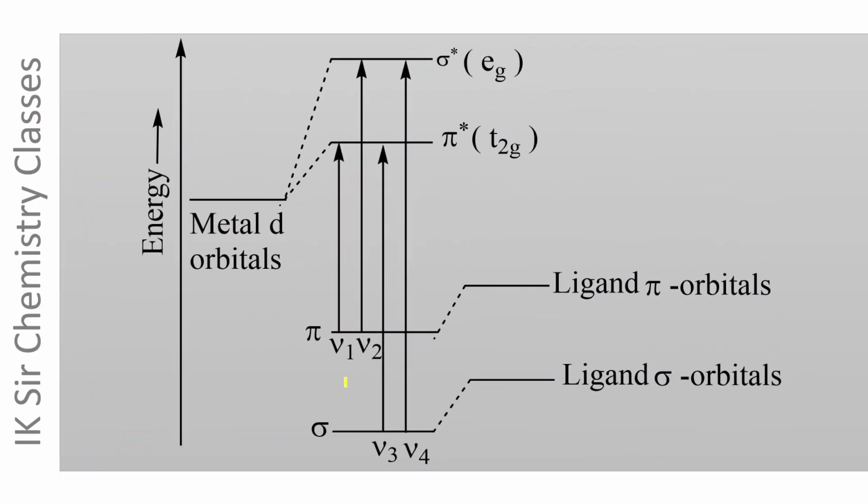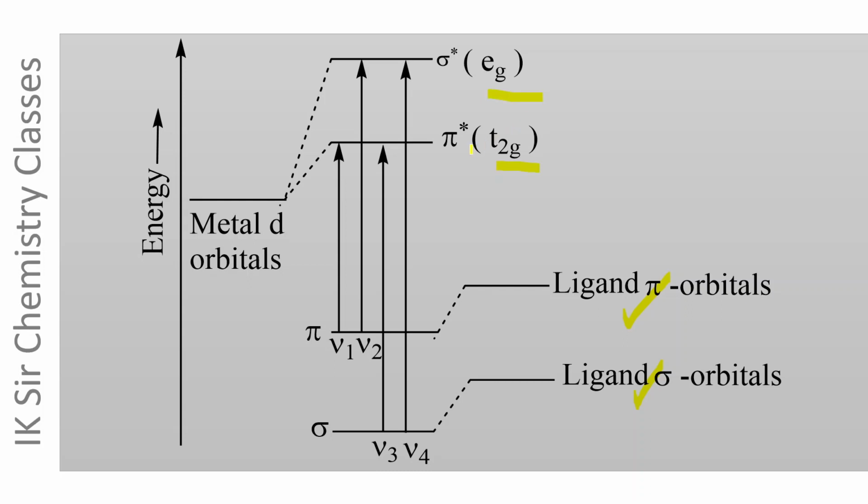This is the partial molecular orbital diagram for hexahalo complexes, in which there are 6 X minus ions as ligands. These are ligand sigma orbitals, these are ligand pi orbitals, and these are mainly d atomic orbitals of the metal, which are symbolized as T2g and Eg.